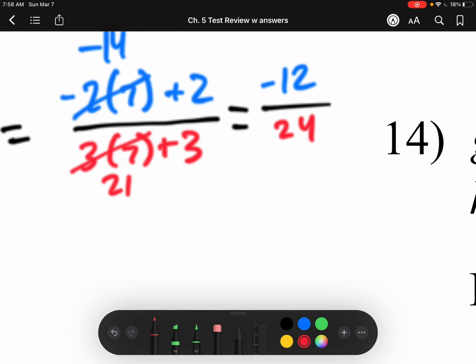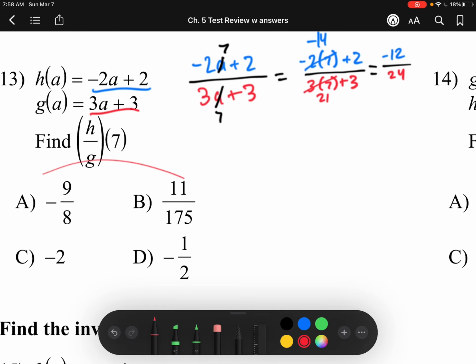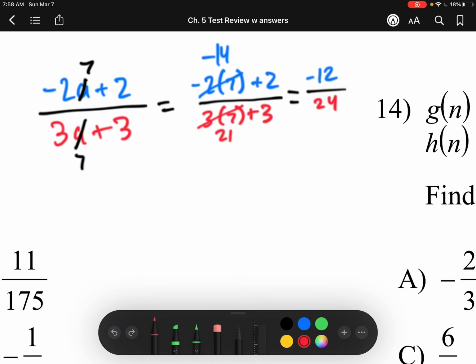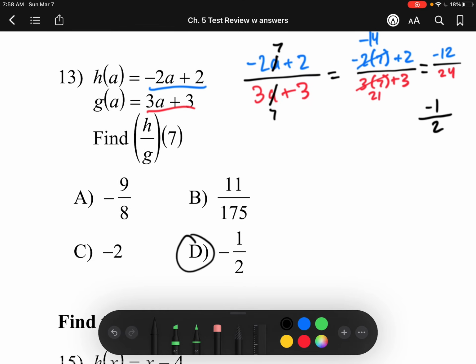All right, so I have negative 12 over 24. Doesn't match any of these options here. However, negative 12 and 24 are both evenly divisible by 12. Negative 12 divided by 12 is negative 1, and 24 divided by 12 is 2. So negative 1/2, right? Option D.